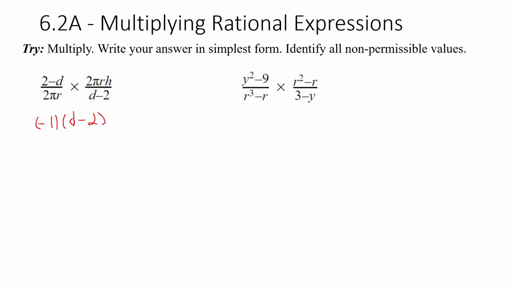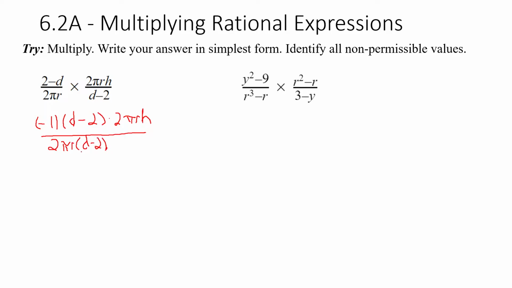And then that's times 2 pi r h. In the bottom, we're going to have 2 times pi times r times d minus 2.